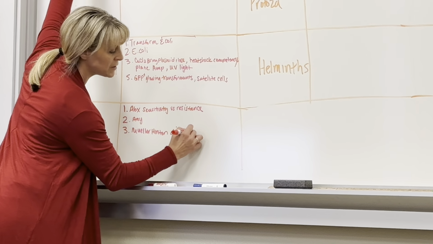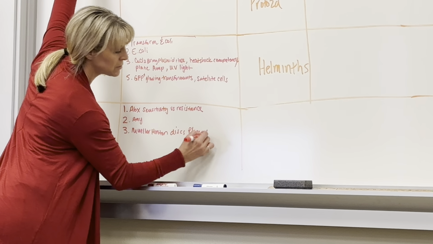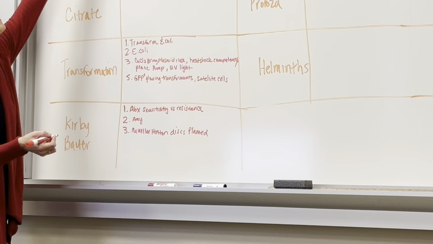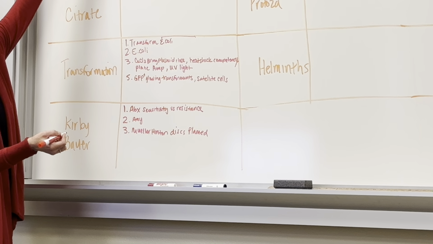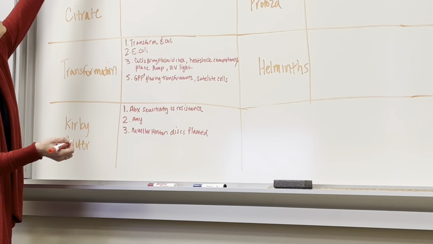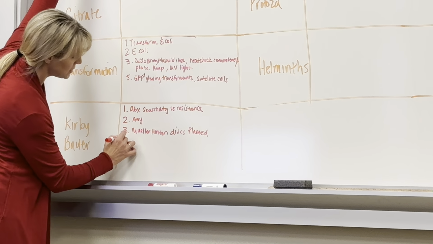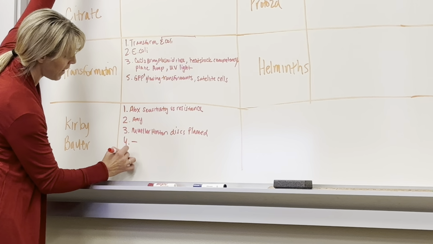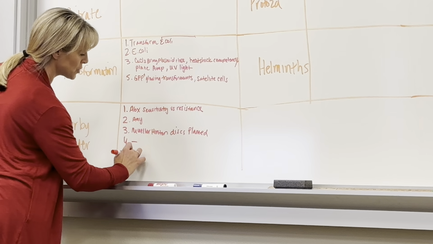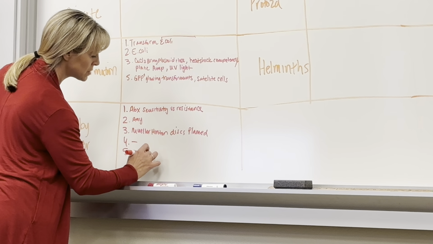That we flamed our tweezers. I don't know if that's important. I've seen something about flaming at one point in a question. Anything else for the methods? No. Our reagents, we had no reagents. Five, we had results, so being able to measure and look at the chart.